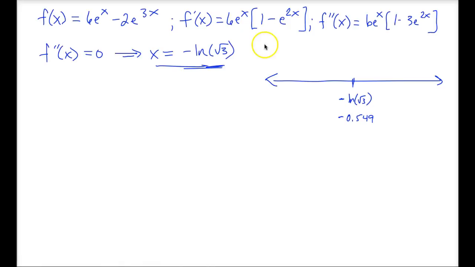And also at this time, just using a little foresight here, we know that when we have this negative on the outside of the natural log, that's just the same as saying negative 1 times that. So I could go a little further and actually say that this is the same as natural log of square root of 3 raised to the negative 1, which is the same as natural log of 1 over square root of 3.